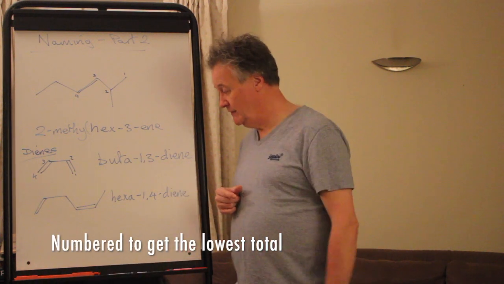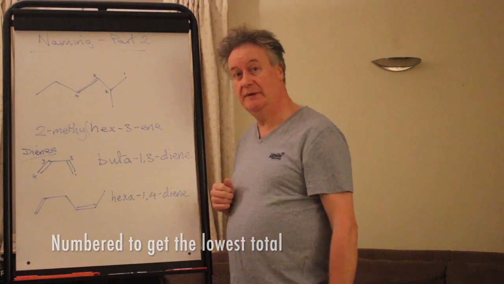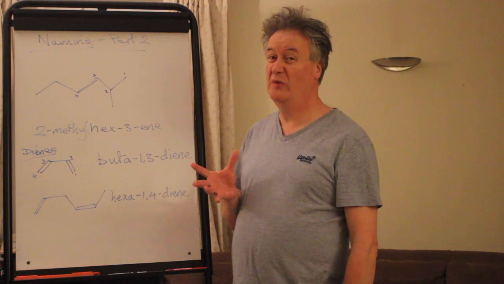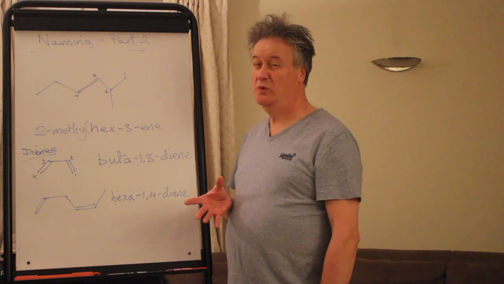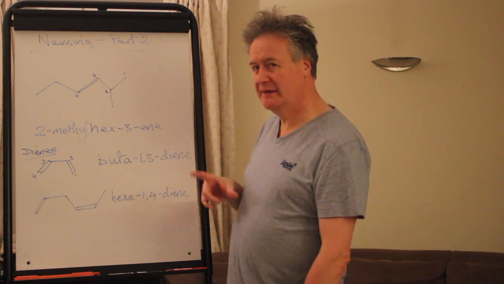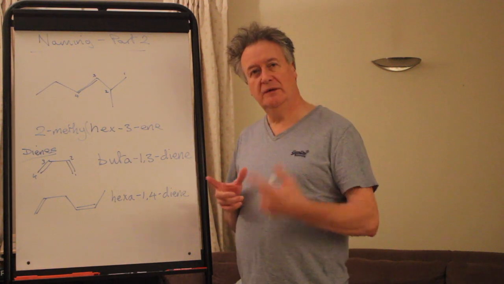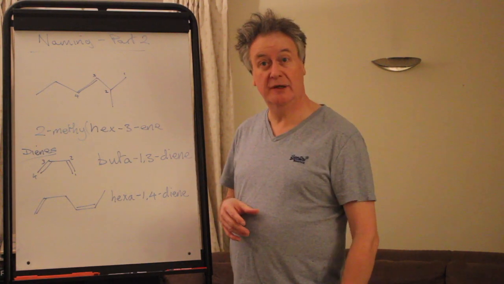So there we are, hexa-1,4-diene. So the protocol is that you put the A after the but, so it's not but-1,3-diene. Would an exam board mark but-1,3-diene wrong? Difficult question. The proper IUPAC name does have an A in it. Right, we'll then move on to another functional group, and I'll see you in a moment.